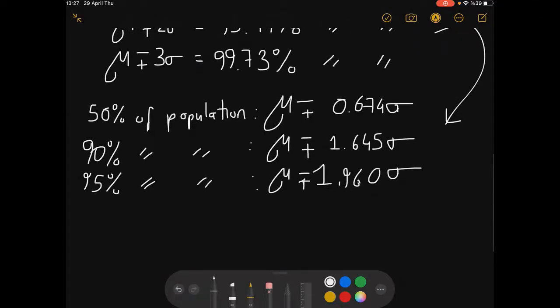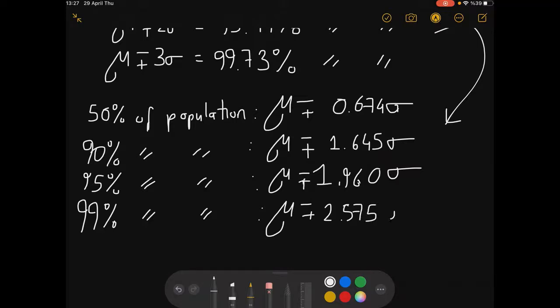And finally, if you want to represent 99% of the population, you need 2.575 sigma spread, plus and minus from the mean.